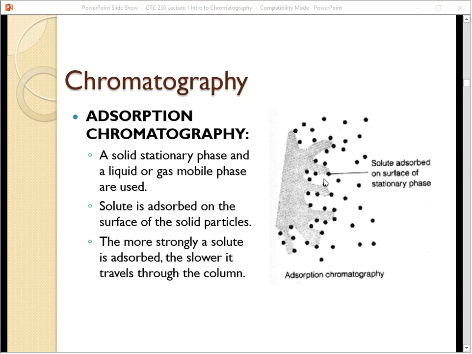So the longer that they hang out with the stationary phase, it's going to take them longer to move through the column and out the other end to get detected. And that hopefully makes a little bit of common sense, right? We'll talk about the attractions and that kind of stuff a little bit later on, but this at the heart is what we call adsorption chromatography.